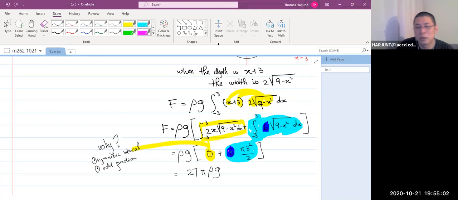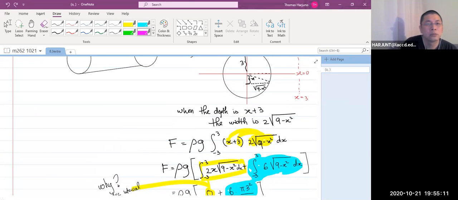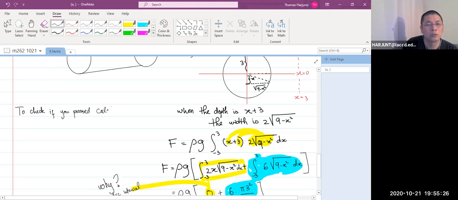So honestly, one way for me to check if you passed your calculus 1 the right way, and not by repeating, is by asking you this question.